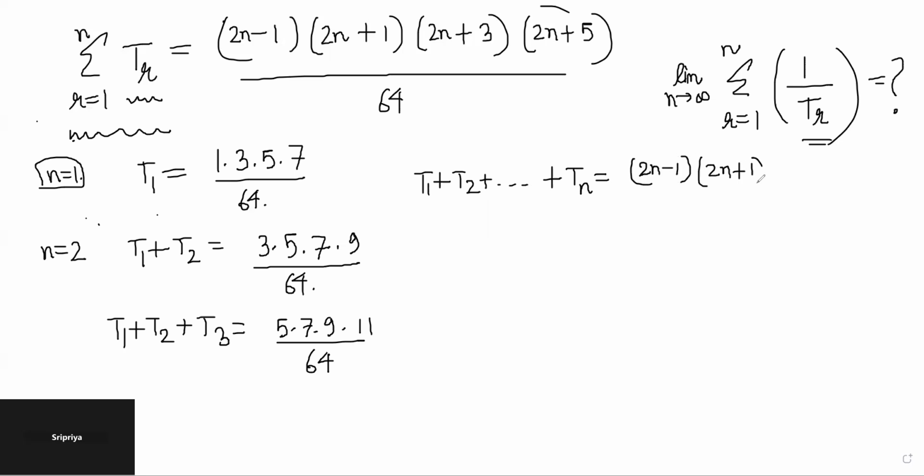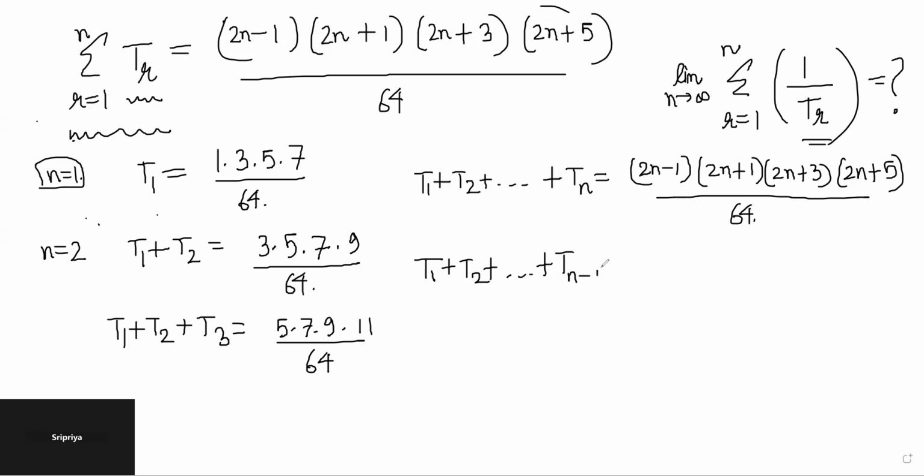So we'll write this as 2n plus 3, 2n plus 5 by 64. And then we'll write the one before it, T1 plus T2 plus up to Tn minus 1, right? That would be one step before this. It would start from 2n minus 3, 2n minus 1, 2n plus 1, and 2n plus 3.